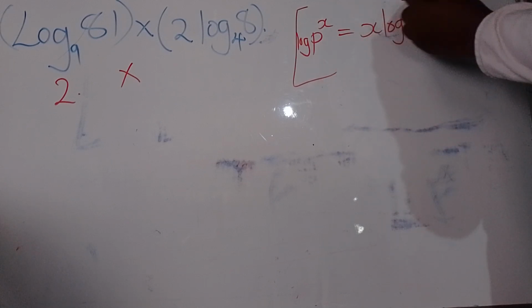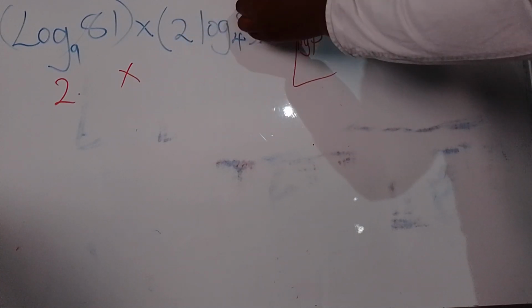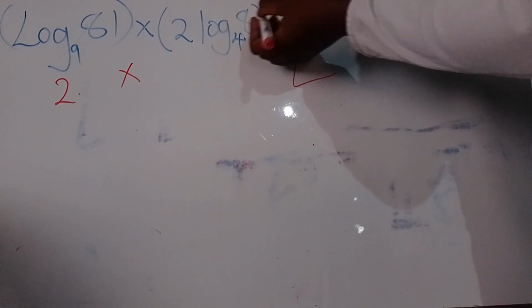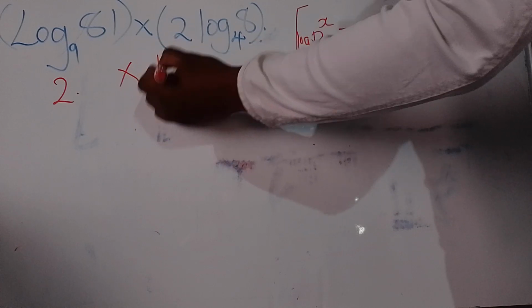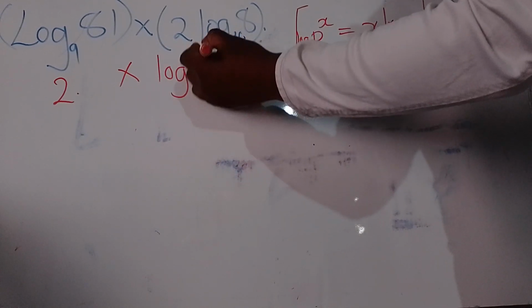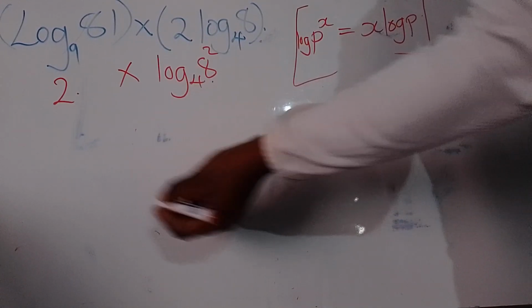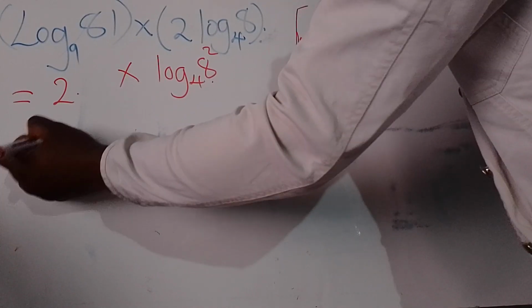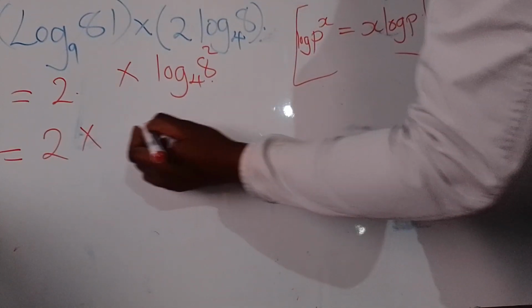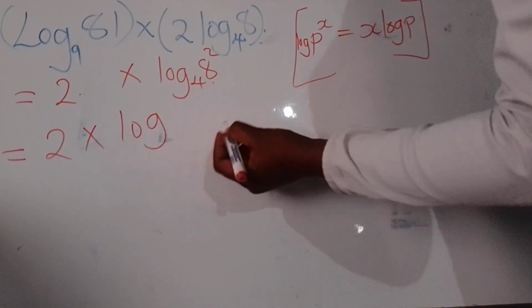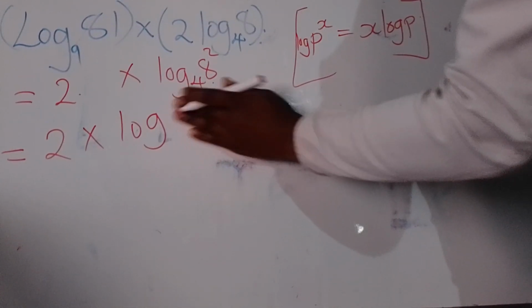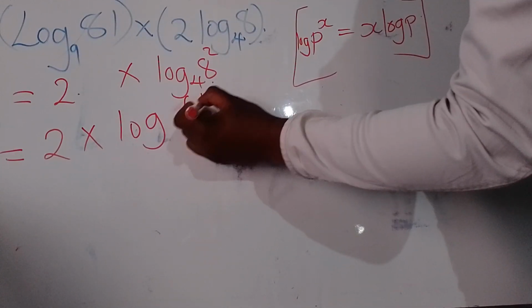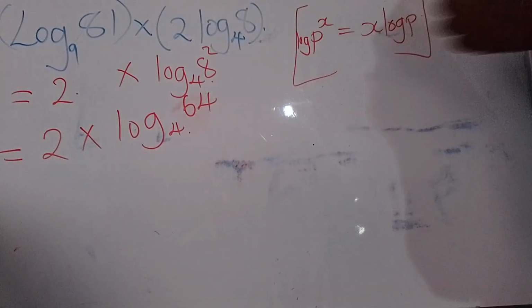So we are going to raise that 8 to the power 2. So it becomes the logarithm of 8 squared to base 4. This becomes 2 times the logarithm of 64 to base 4.